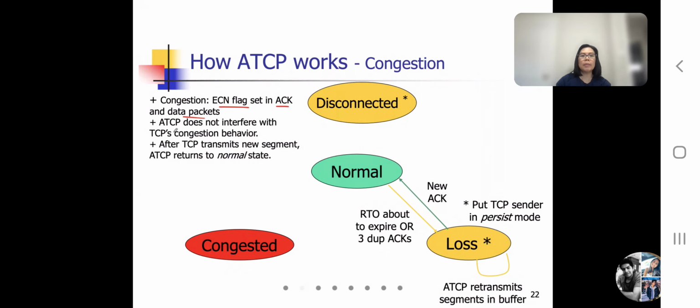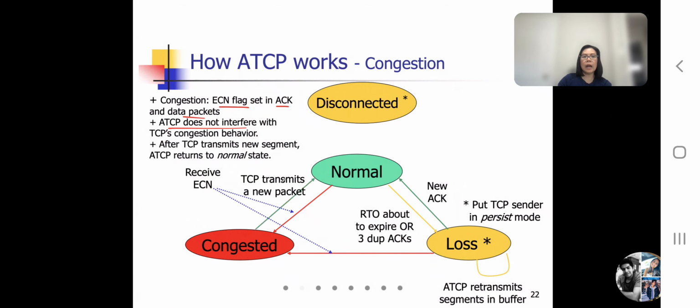That means ATCP now does not interfere with TCP congestion behavior. It just stays quiet and lets TCP do TCP's job, which is to transmit the new segment and reduce the window size as well, on receiving ECN.